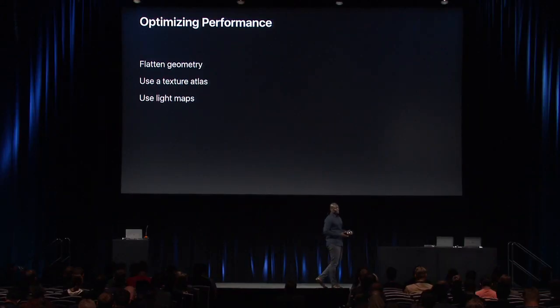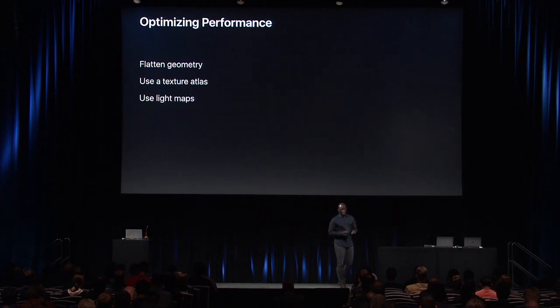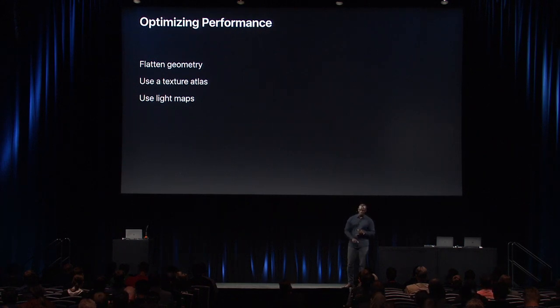So to recap, we talked about flattening geometry, how this is the low-hanging fruit of performance optimizations in terms of reducing your draw call count. We talked about using a texture atlas, which is something that you get your artist to do and you just take advantage of that will reduce the number of materials that you use, which has an impact on loading time, making your app start up much faster, and also has an impact on disk I/O, making it less objects to load.